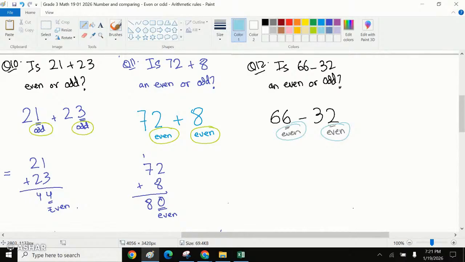Yes, thank you. And 66 minus 32 is not 38. Minus 32 means 6 minus 2 would be 4, and 6 minus 3 is 3. That means it ends with a 4. That means it is an even number, right? It is not 38, it is 34. Thank you so much for answering.